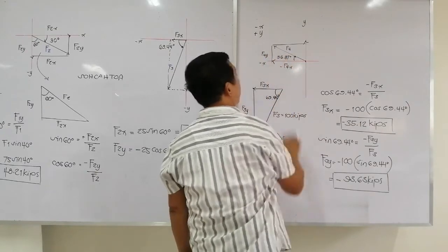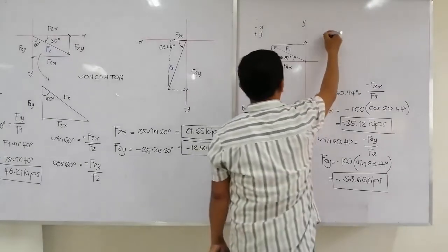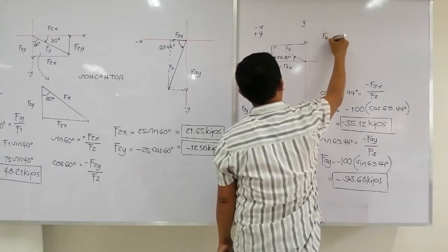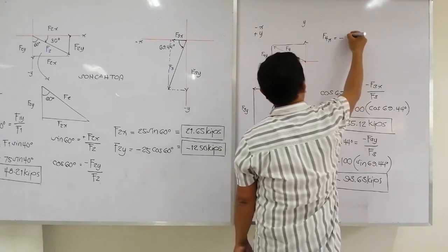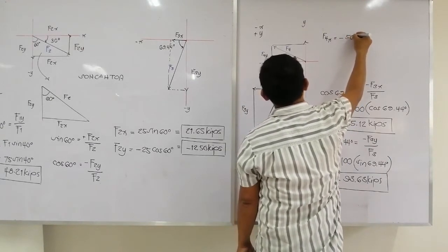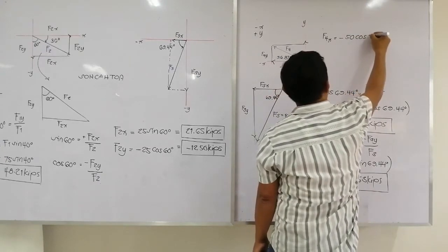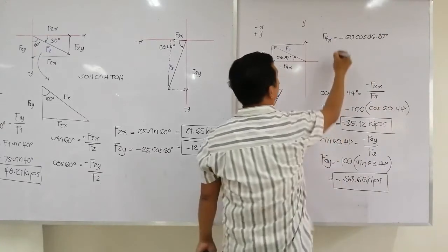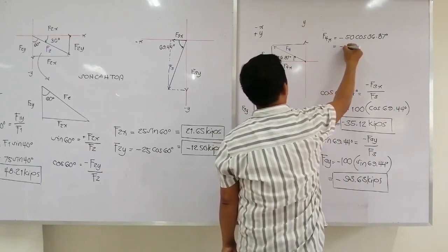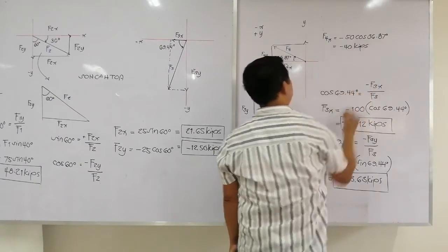Yung X natin na negative dahil nasa second quadrant. So, your F4X would have to be equivalent to negative F4, which is 50, times the cosine function of 36.87 degrees. Computation would lead us to getting negative 40 kips.